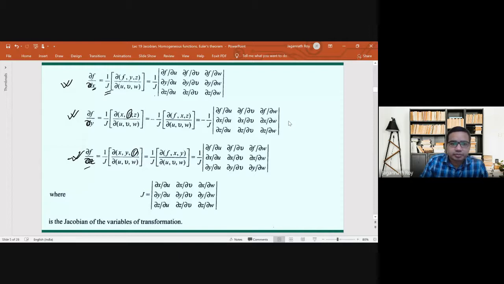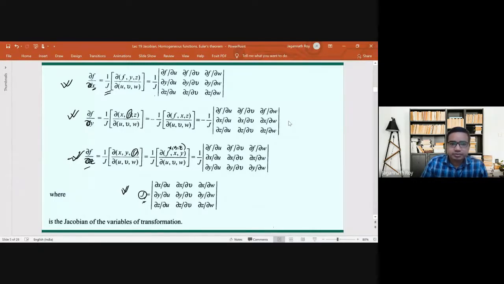Okay, so this is supposed to be w. This is x, y, and z. Actually, this is supposed to be u. Same as writing this one, where the Jacobian we already have calculated in the previous step.